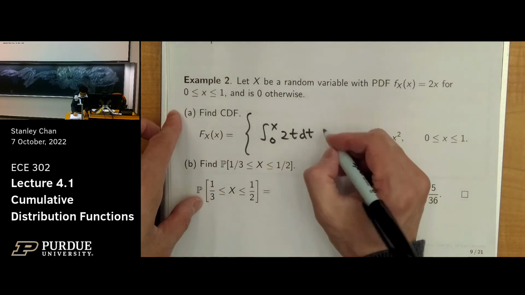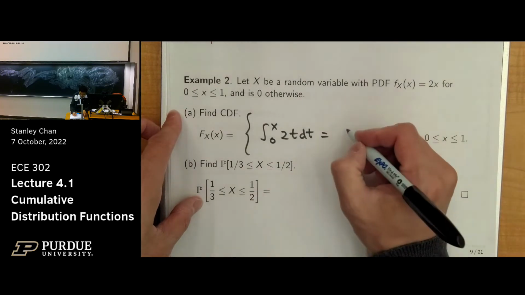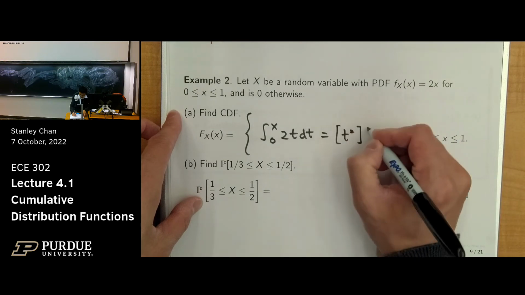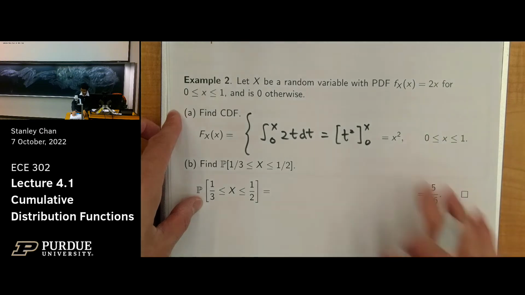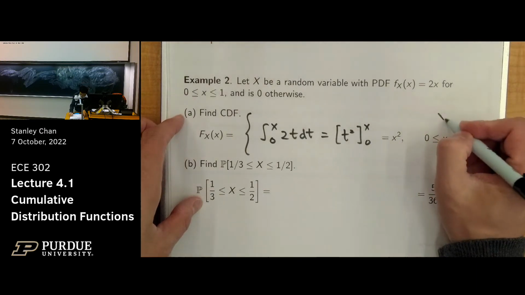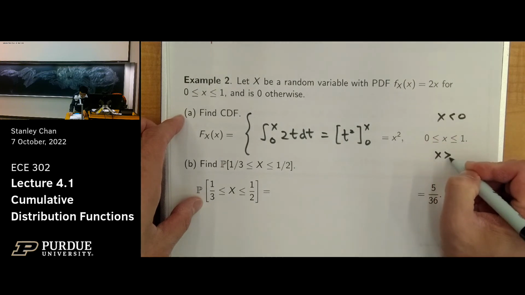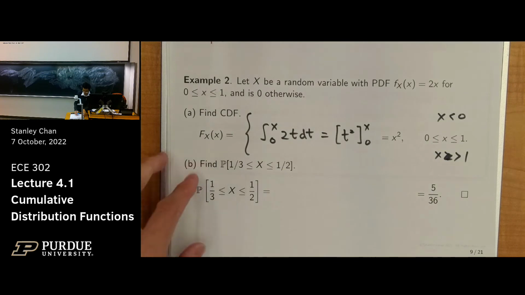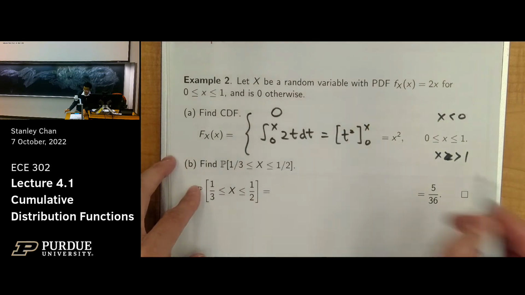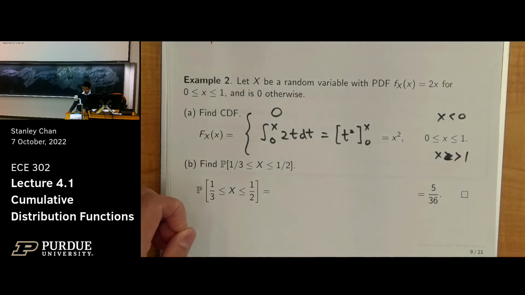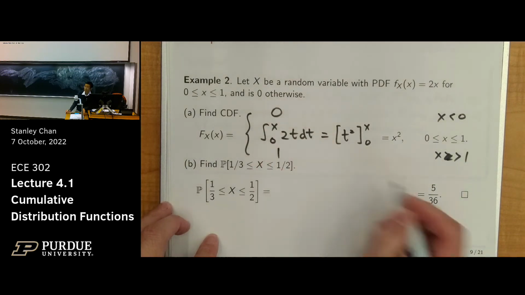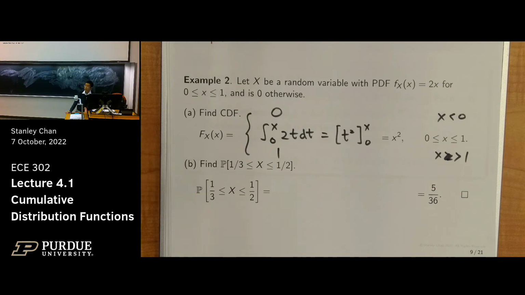If I do the integration, that will give me t squared from 0 to x, so that will give me x squared. Now, I also have x less than 0 and x bigger than 1. For x less than 0, my F(x) will be 0. For x bigger than 1, my F(x) will be 1, just to cover the entire real line.